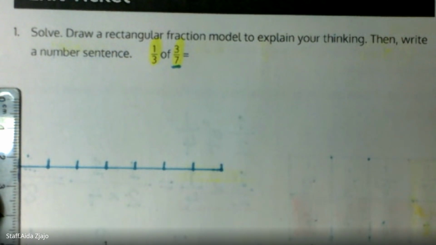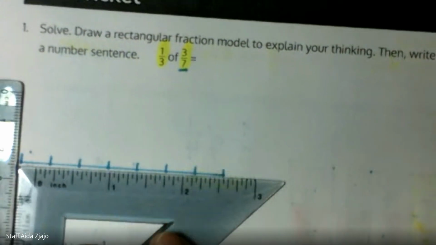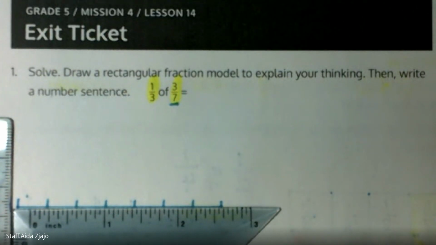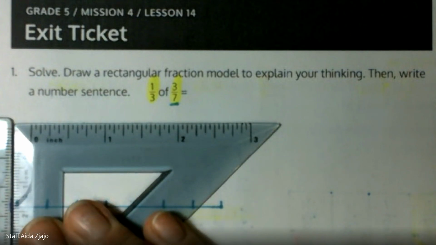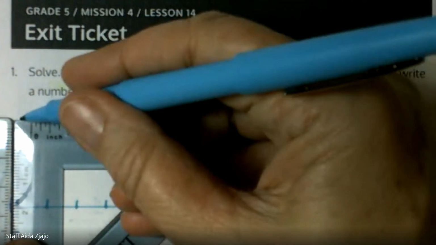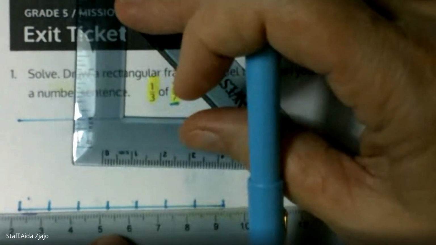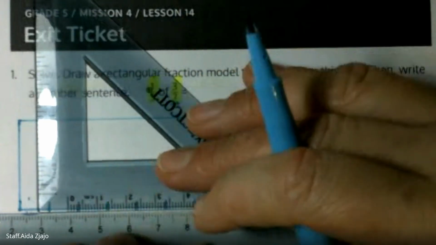I'm going to use my triangular ruler, and then I'm going to make another part, and then I will also make a parallel line. So I'll make a rectangular model with 7 equivalent pieces.